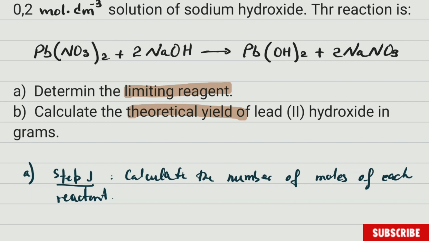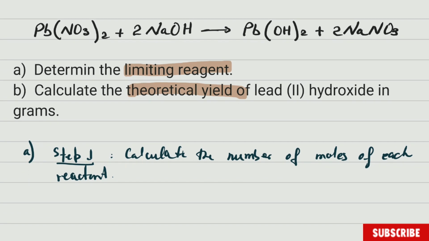We have two reactants here, which in this case are Pb(NO3)2, and the other reactant we have is NaOH. I'm going to do them separately and I'm going to write the data we have here.